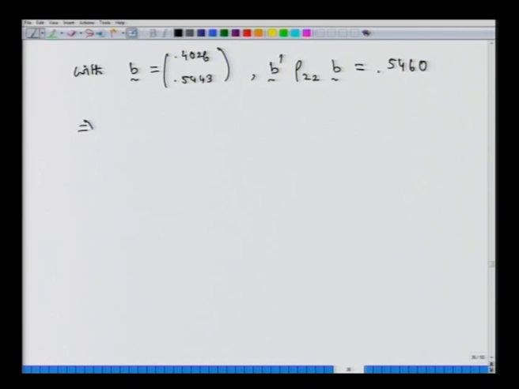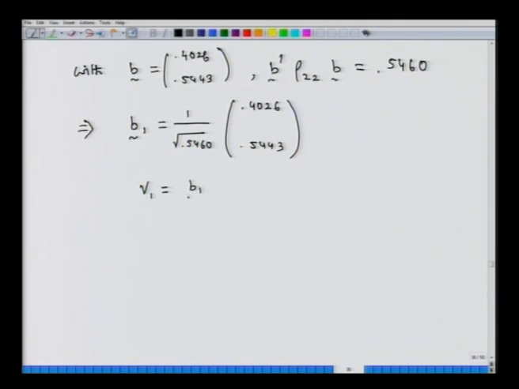So this would imply we now get the proportionality constant and the B1 vector as 1 upon the square root of this particular norm, so that we have the square root of 0.5460 here, and then 0.4026, 0.5443. So this B1 vector is the combining vector.